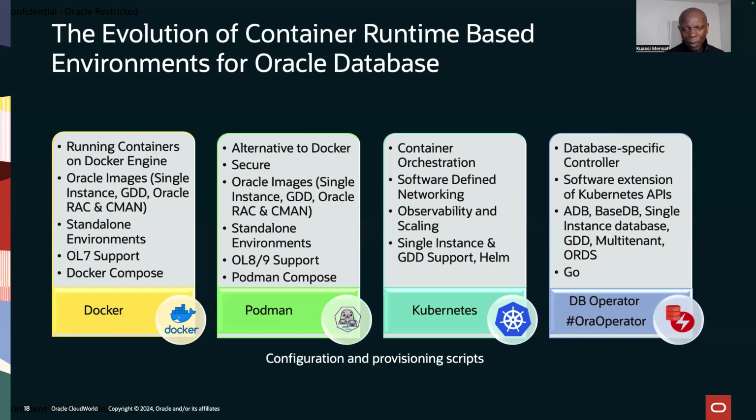So we have an alternative for Docker. It's more secure. And we have Oracle images for Podman. It supports Oracle Linux 8 or 9, and Podman Compose. Then those images can be moved and deployed on Kubernetes for orchestration, observability, scaling, etc.